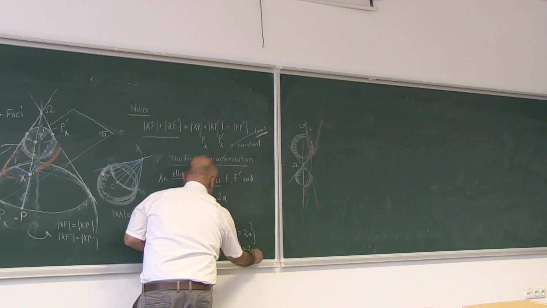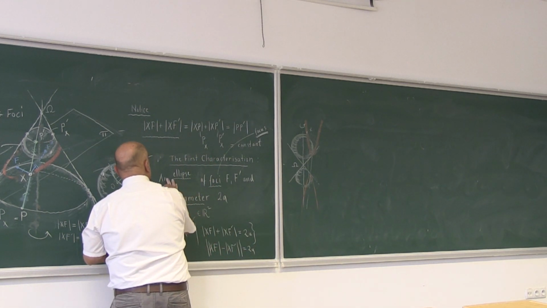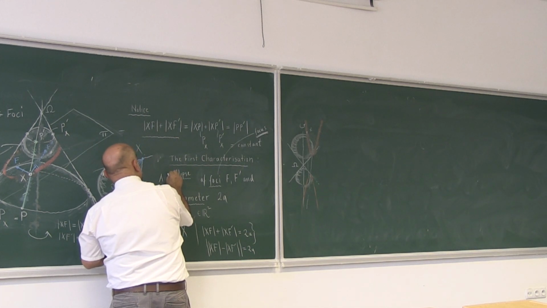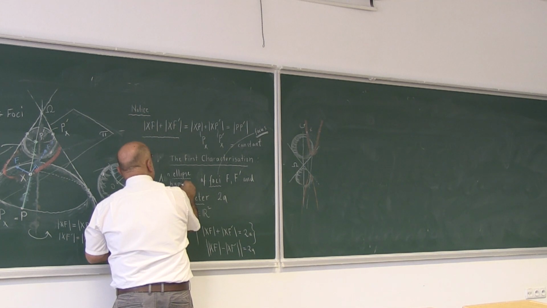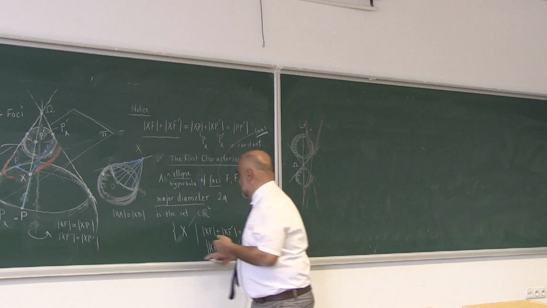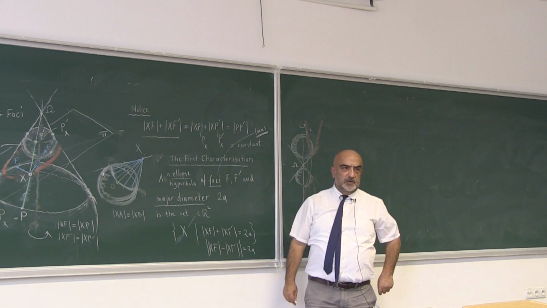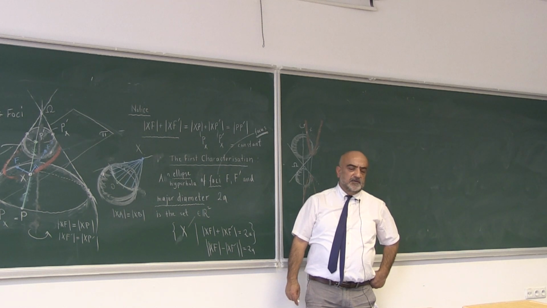Now this curve is called not an ellipse but a hyperbola. So an ellipse, a hyperbola. So there it is. We've got these two interesting curves characterized.